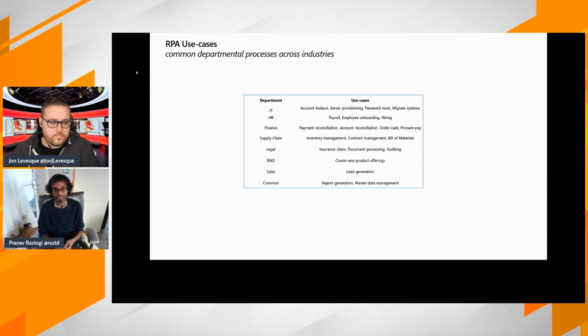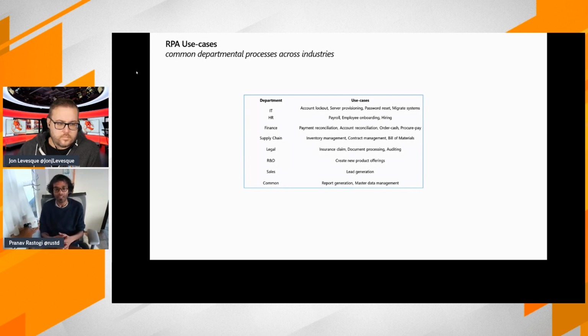Every company has IT, and all IT folks have the problem of account lockout or password reset. So they need to automate these sorts of tasks to free up their time and do something else. HR is another good example, where payroll is very common. And then these use cases could be bringing in some of the RPA components in case the APIs are not available, or you can use APIs as well to talk to these backend systems like Workday or something.